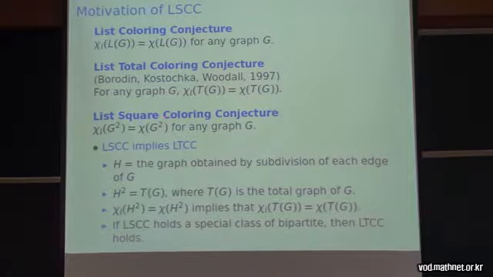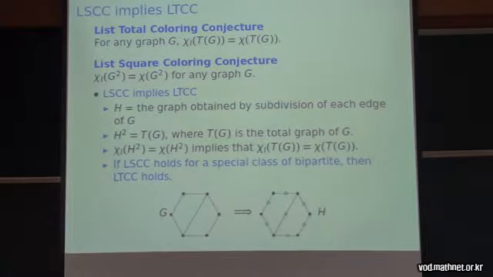So what is the motivation of this? Actually, if the list square coloring conjecture is true, then it implies the list total coloring conjecture is true. This is the motivation. So here's the example.